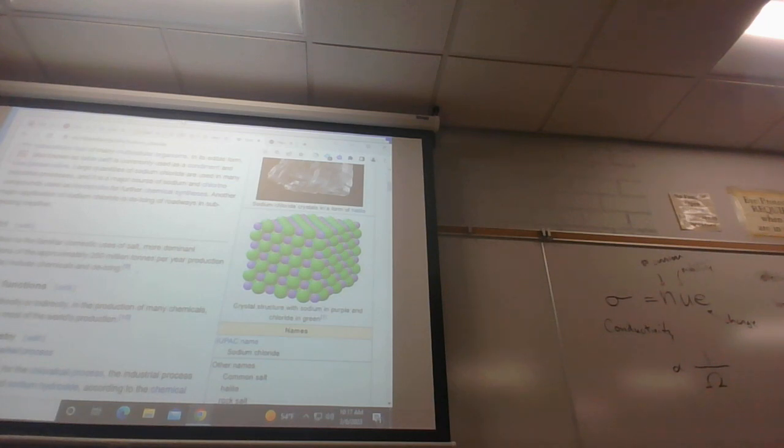Should be all right. Hopefully this is just sodium chloride, or potassium. It's probably potassium chlorate. But that should be all right.